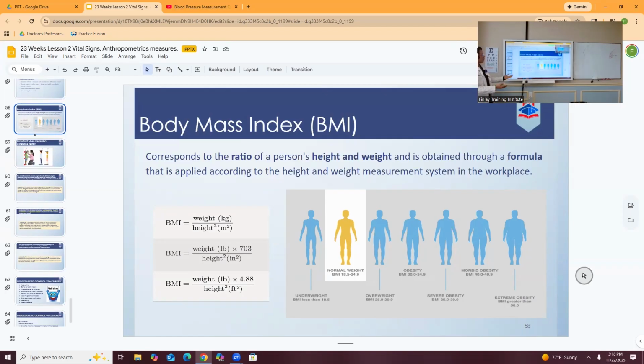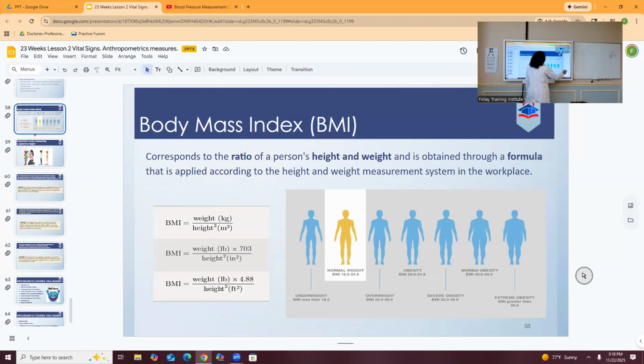The relationship between the weight and the height is the body mass index, the ratio between these two measurements. To obtain the body mass index, we're going to use formulas. This is used to give a category of being normal weight, obese, or underweight.